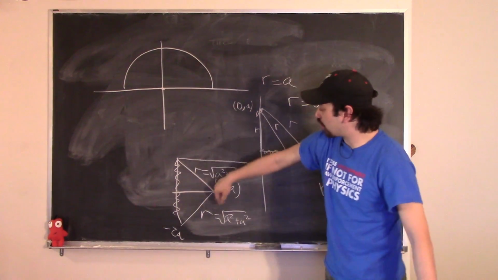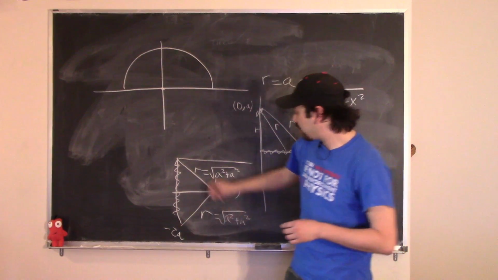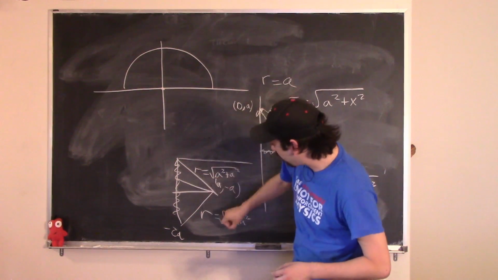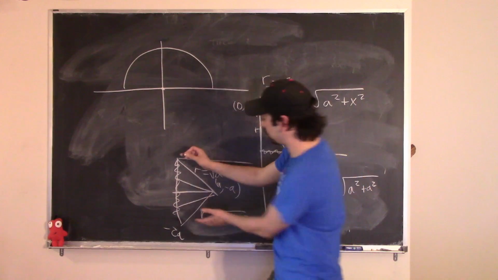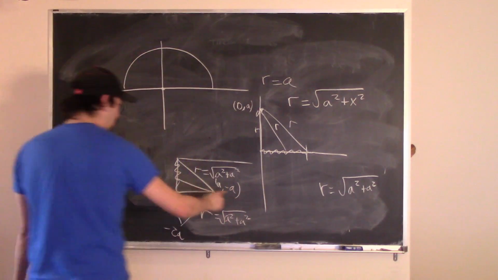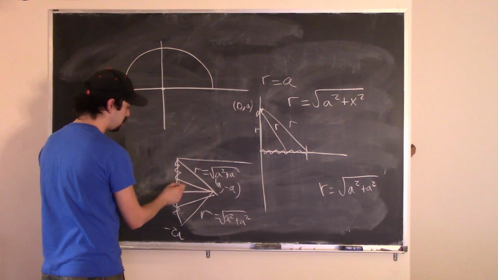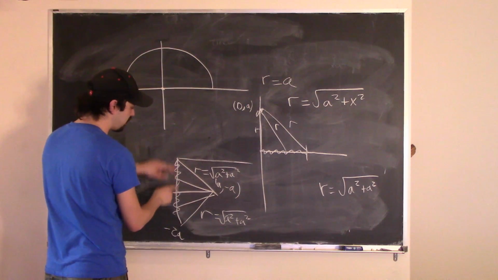So those are values that R can have, but you have to take in consideration that there's a whole lot more R's than just the two that are at the endpoints. And so when you're looking at defining this, the R that you have always needs to take all of the information into account.